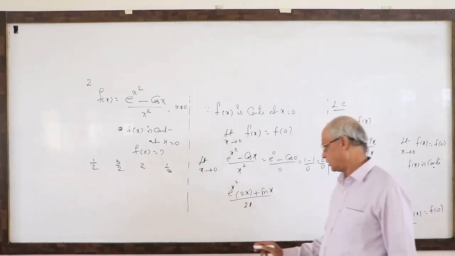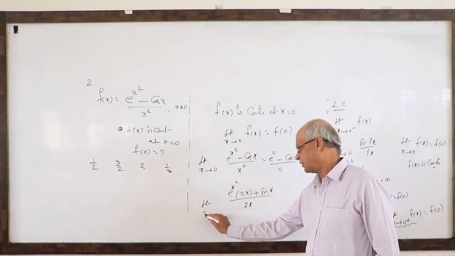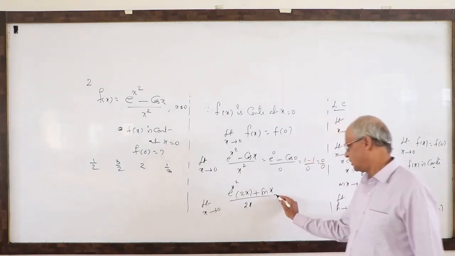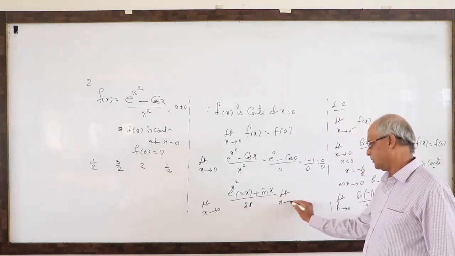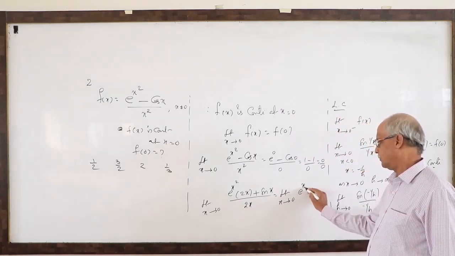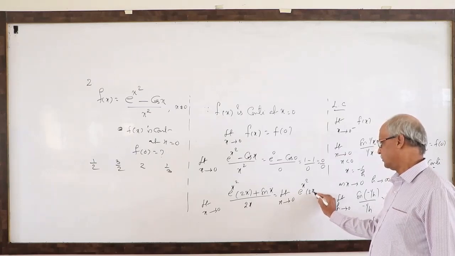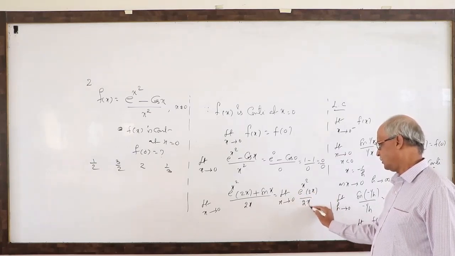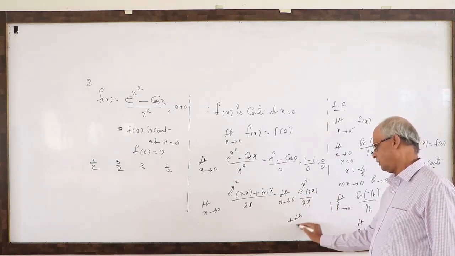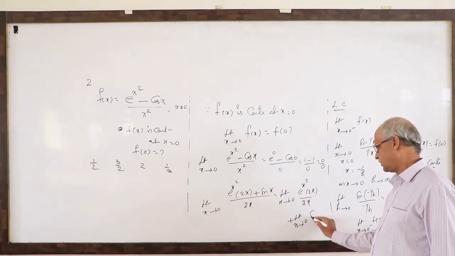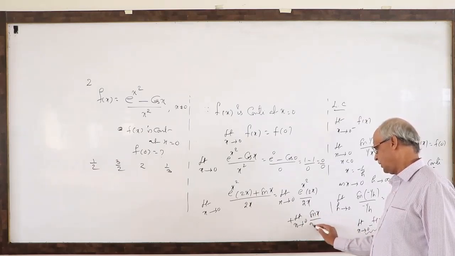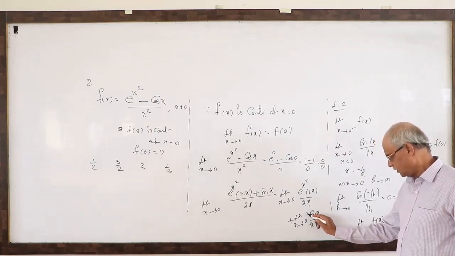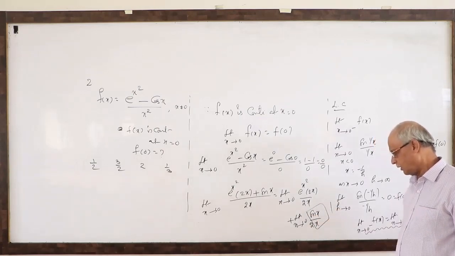What you do here is separate the denominator, split it. Limit x tends to 0, e power x square, cancel 2x; limit x tends to 0, sin x by x. We know this theorem, it is 1.